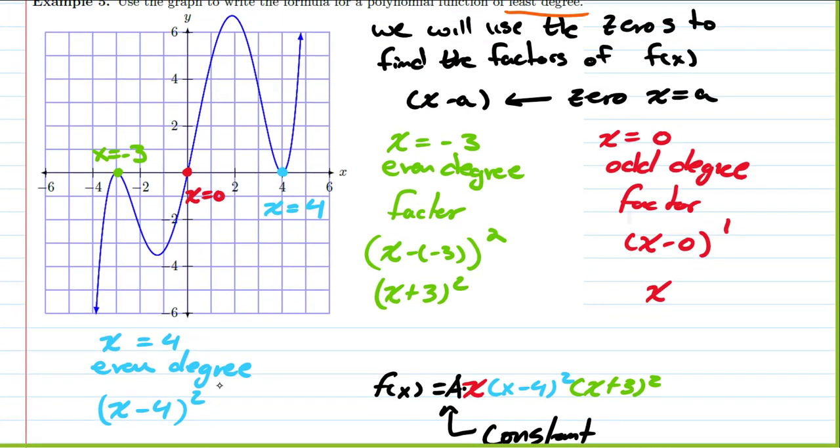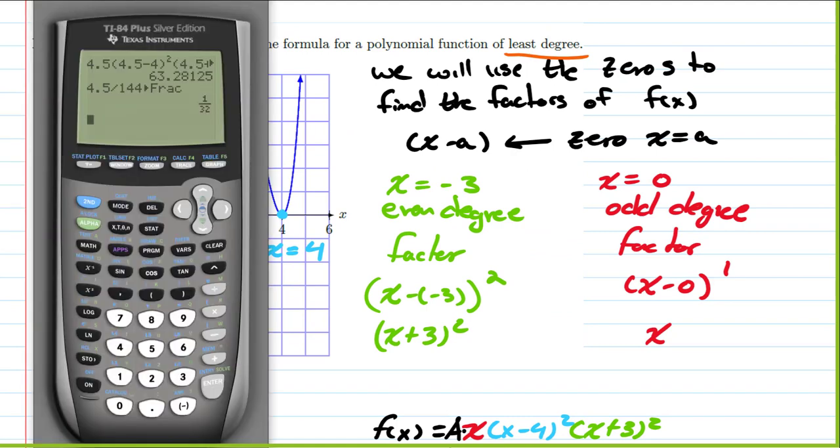And then if we were to draw a graph, let's go ahead and do that. So 1 over 32 times (x - 4) squared times (x + 3) squared. I'm going to have to change my window back to normal, or maybe 6s. So let's go window. Let's go negative 6 and 6.